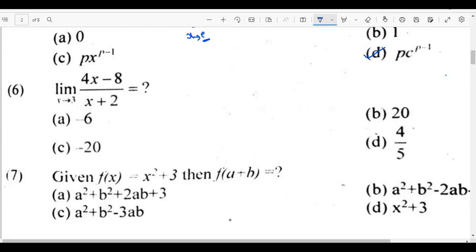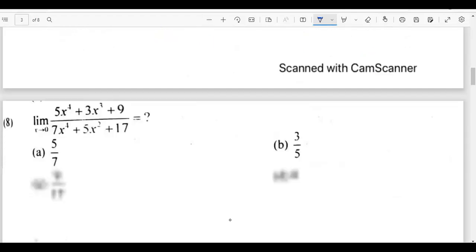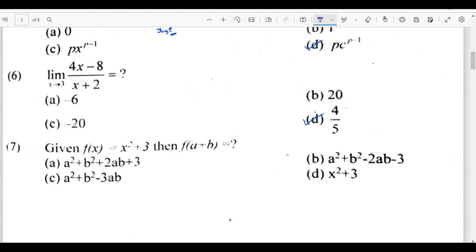Oh, 3, sorry. 3 plus 2. It's 4 by 5. Yes, very good. So obviously it's not necessary that we get an indeterminate form every time. It could be that the answer is directly the correct one. Okay, Alina, is that okay?